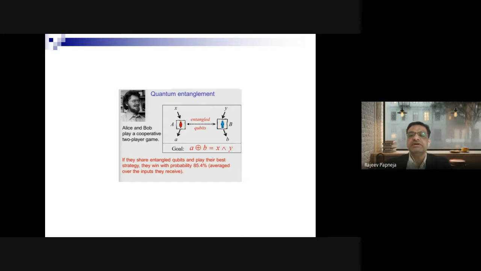And so entanglement is useful for something. Well, at least it allows you to win the game with a higher probability.